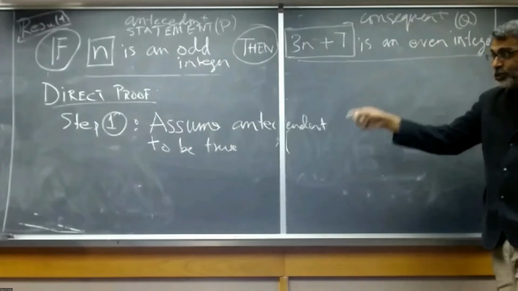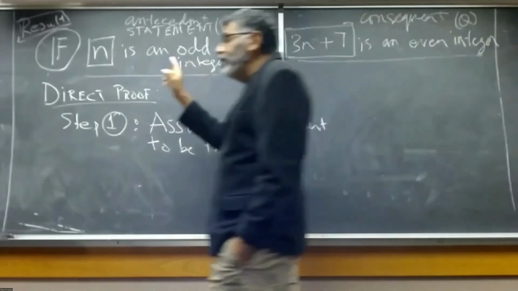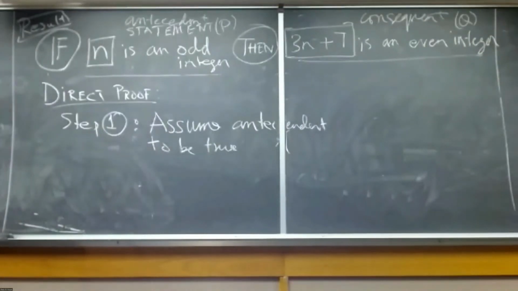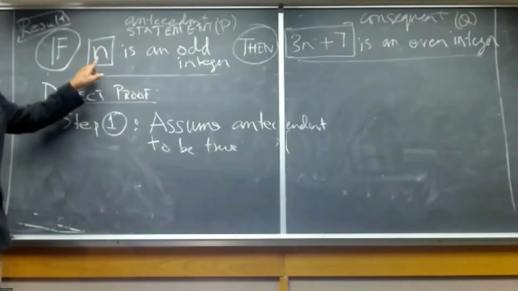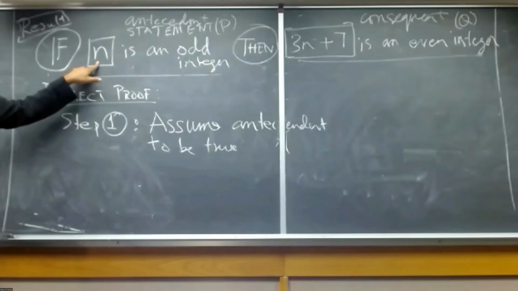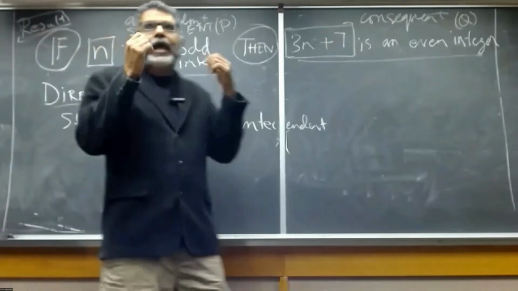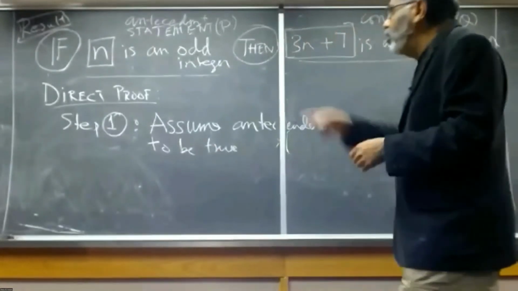So we assume that to be true, and when we assume that about the antecedent, the statement P, to be true, we can then reformulate n and express it as an odd integer.